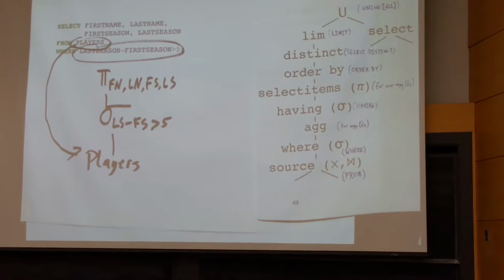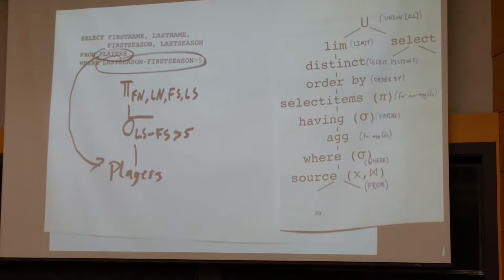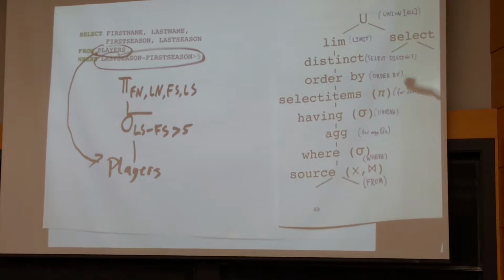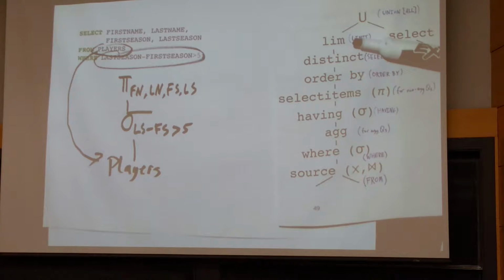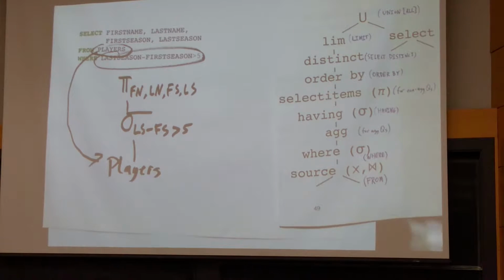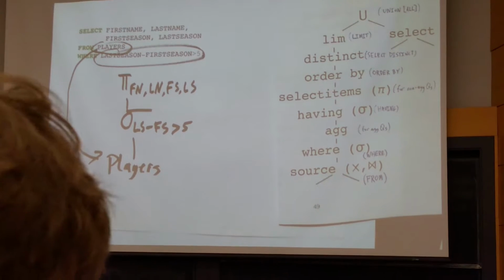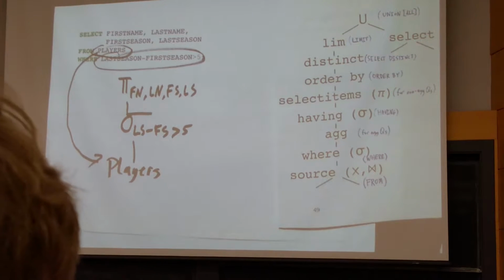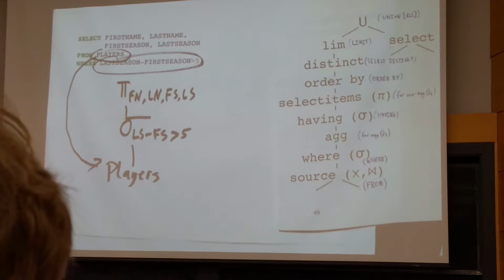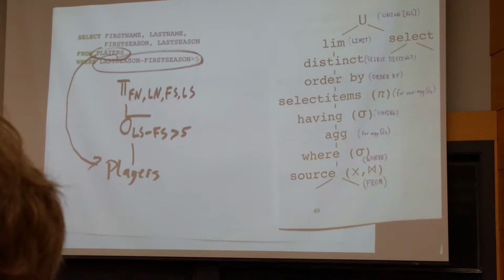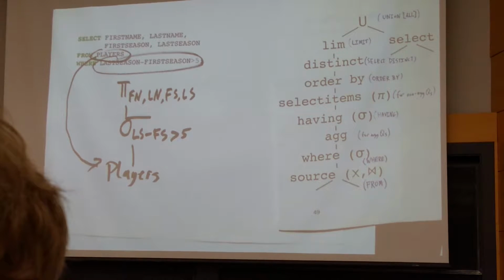Do we have anything else? We have an order by clause, distinct clause, no. Limit clause, no. Since we don't have any of those clauses, we can pretty much ignore this. Again, there's no union clause. So basically we have a tree of relational algebra operators that corresponds exactly to this select query.